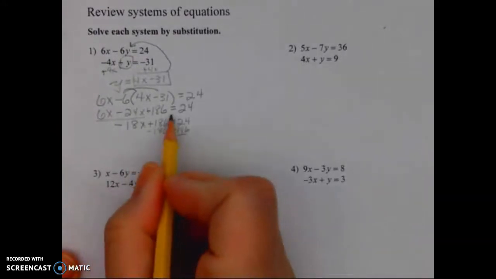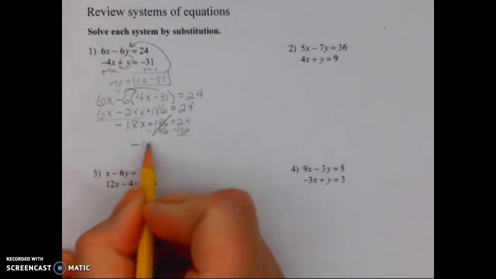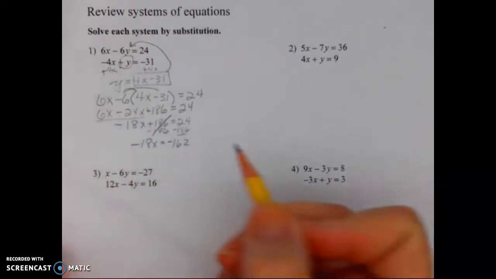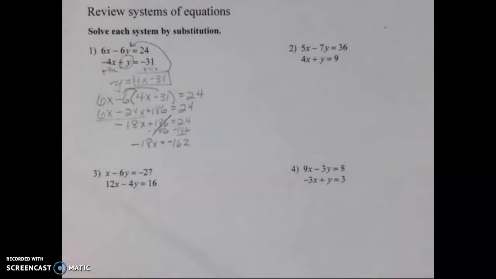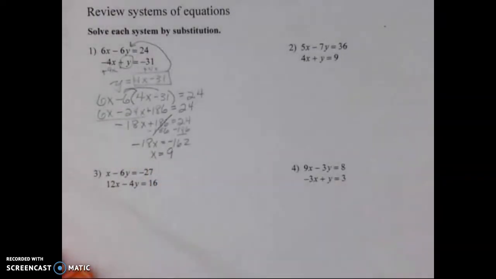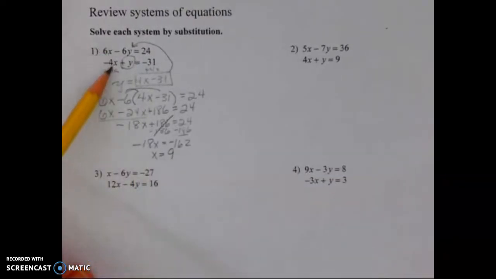And that cancels, so it's negative 18x equals negative 162. Let's divide by negative 18 on both sides, and you get 9. So for this system of equations, x is going to be 9 in each one.